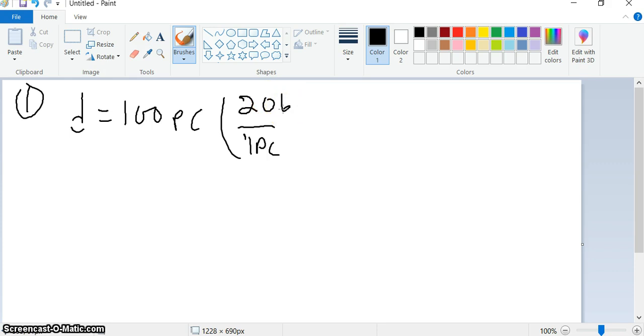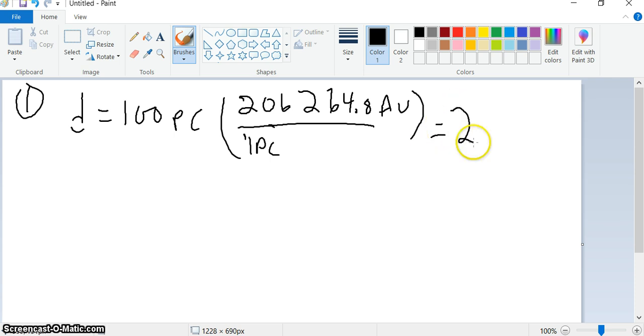206,264.8 astronomical units, and we've seen this before in lab, you might remember. So that's what 1 parsec is. If you multiply by 100, that turns out to be really simple: you just move the decimal place 2 places to the right.